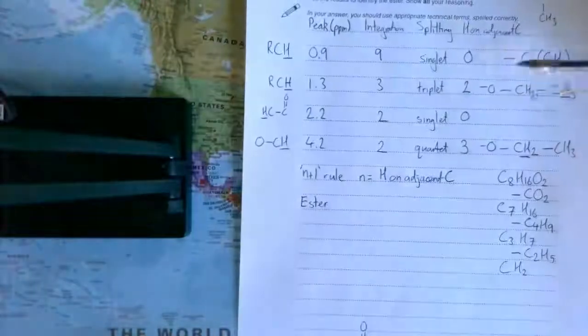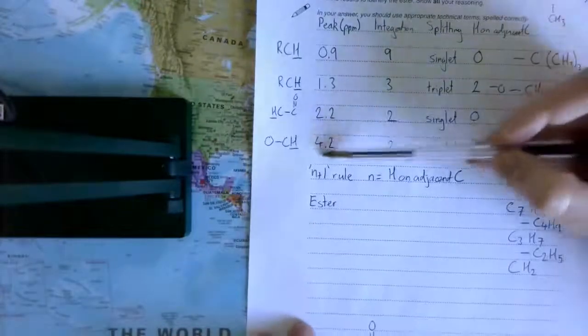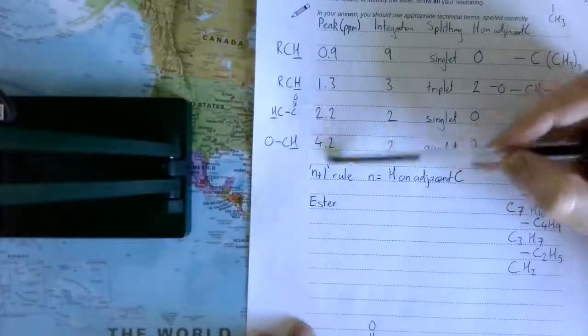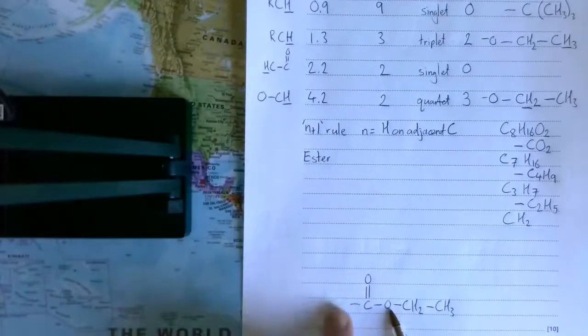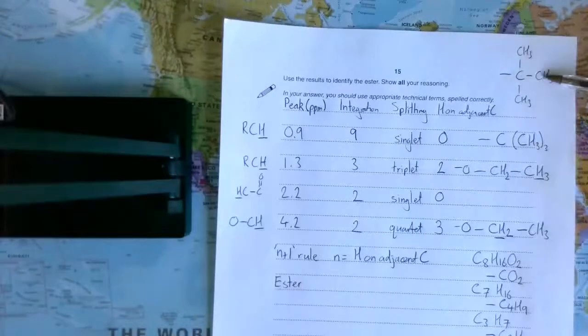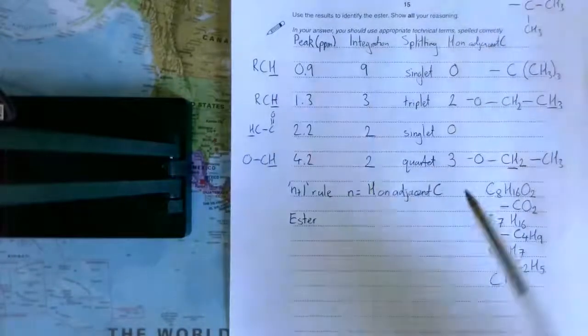And you work that out by looking at the chemical shift. The chemical shift of the ones next to the oxygen directly is going to be around this region here. So that's how we know that the CH2CH3 is bonded to the oxygen rather than to the carbon. So we now know we've got this as one end of the molecule. We have this as the other end of the molecule, but we've got something in between them.